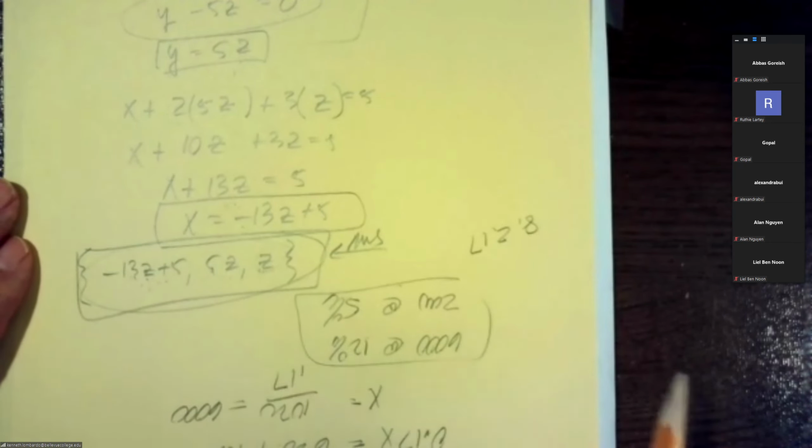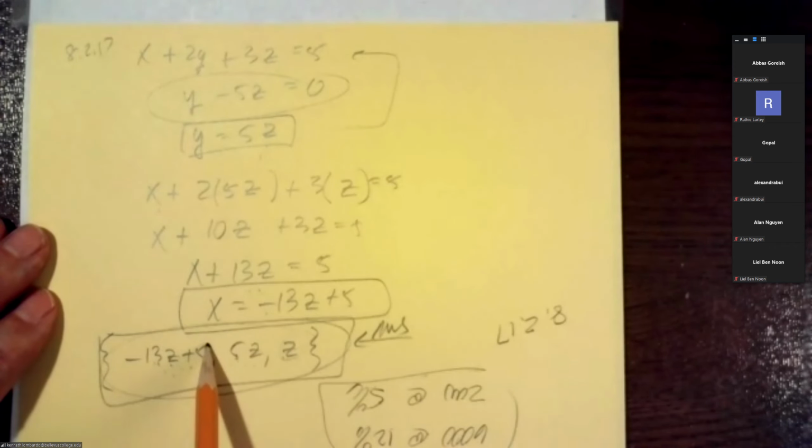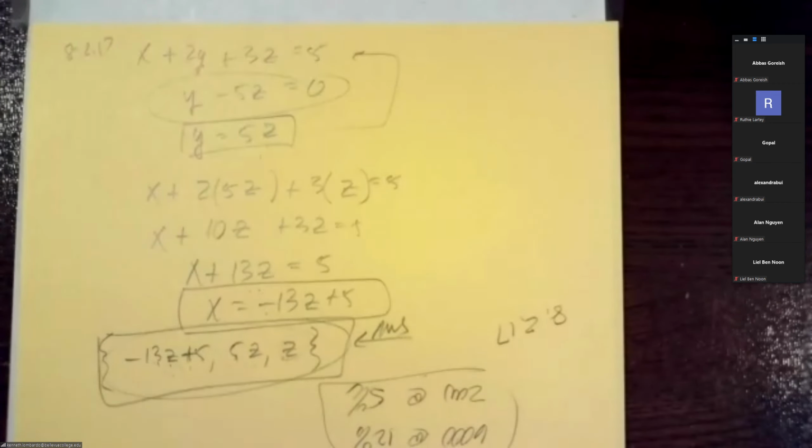Questions of what we did there? Basically, since the book said negative 13t, that's basically negative 13z as well. Yep. Plus 5, right? Yeah, of course. The book is just saying if you put in a t there for z, that just says let z equal t.